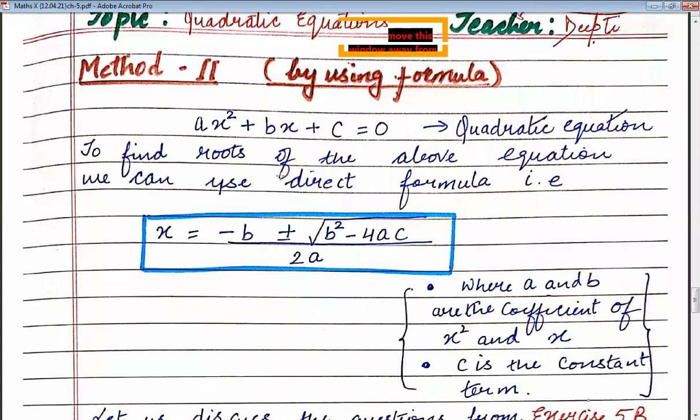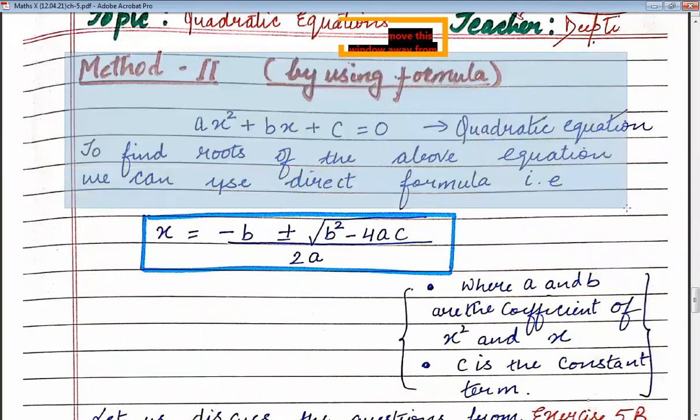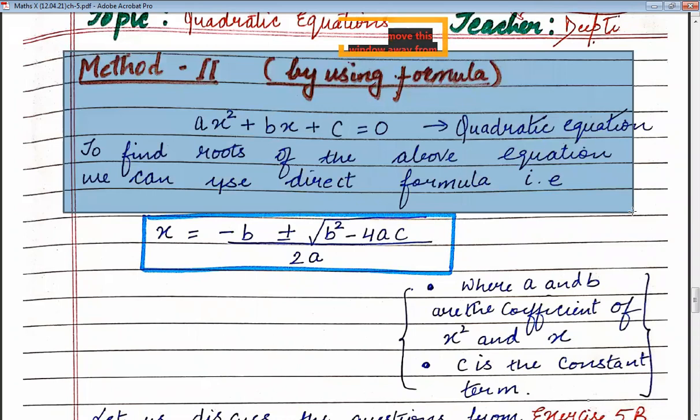Now children, let us discuss the second method to find the solution of the quadratic equation, and that is by using formula. And this is very important and easy also. Now children, you know the standard form of the quadratic equation. What is the standard form of quadratic equation? ax square plus bx plus c is equal to 0.